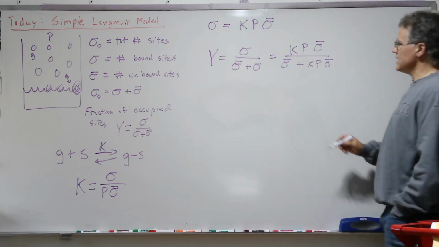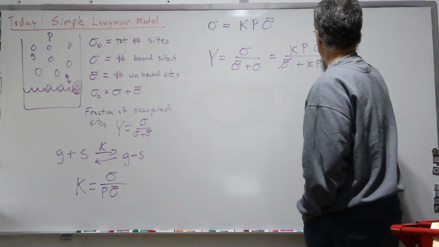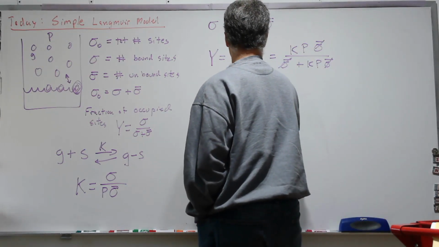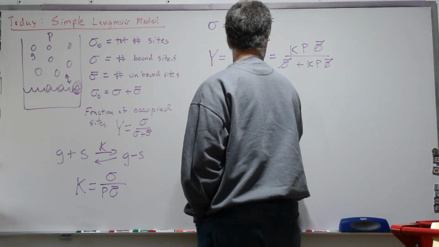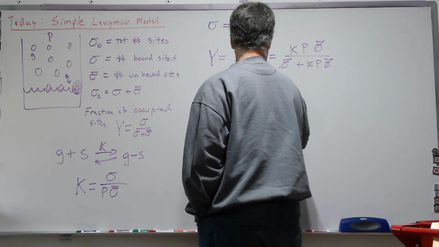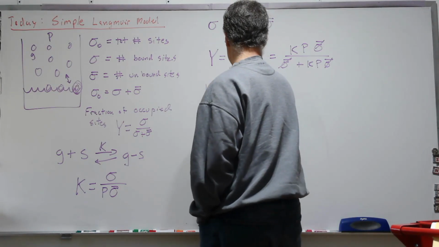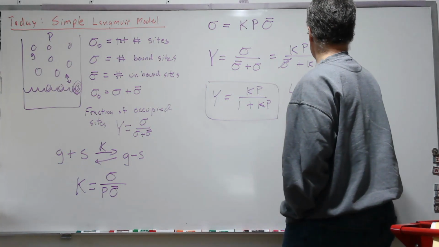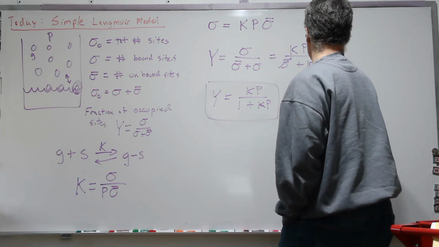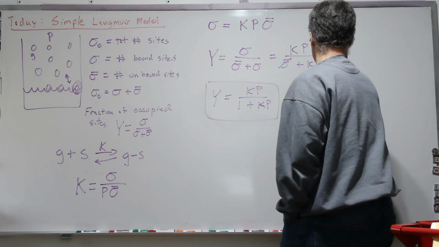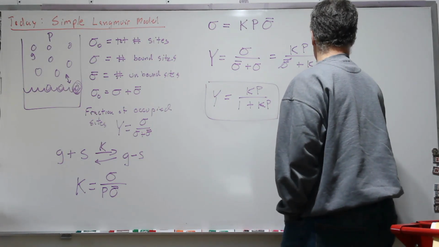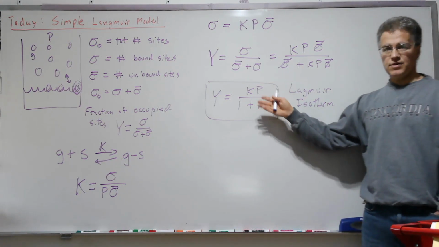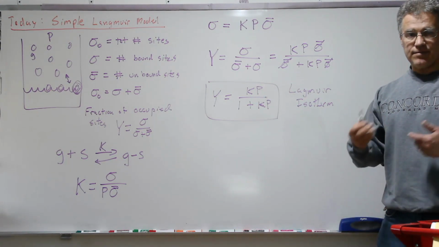And the nice thing here, there's a sigma bar in each term. This cancels, and this gives y equals Kp over 1 plus Kp. And this is the Langmuir isotherm. So if you Google Langmuir isotherm, this is the equation you would get, or Langmuir equation.